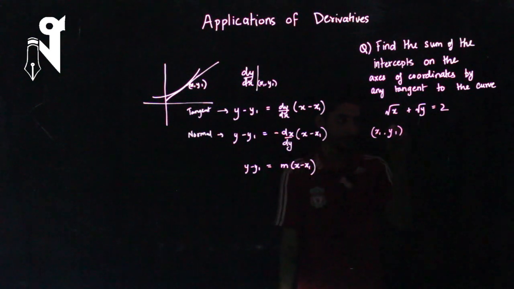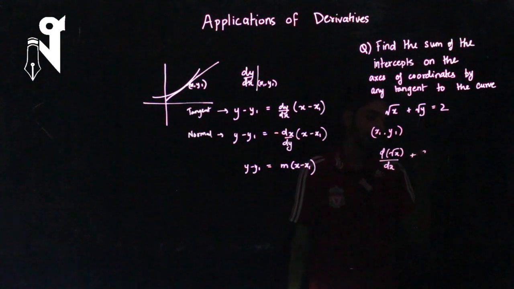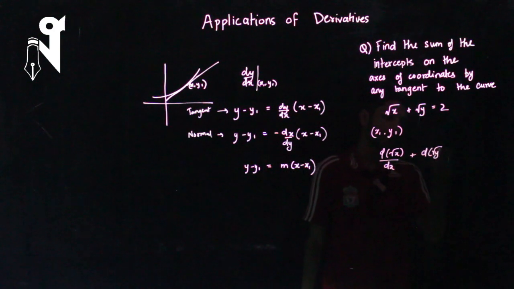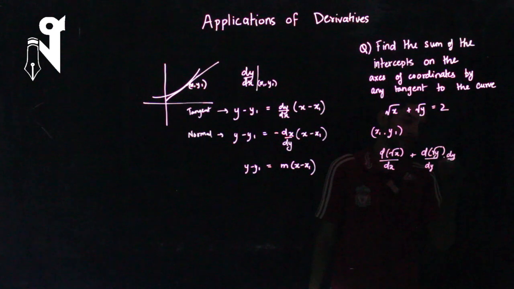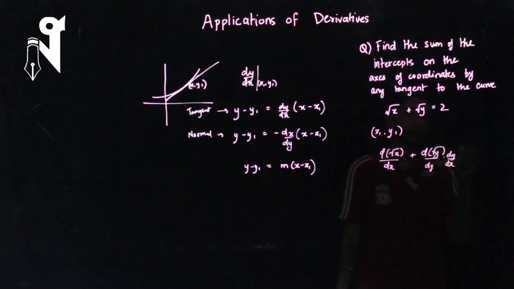So first I'll differentiate this given curve. I have d of root x by dx plus d of root y by dy into dy by dx. This is basically the derivative of root y with respect to x, and this part is constant, so it will become 0.